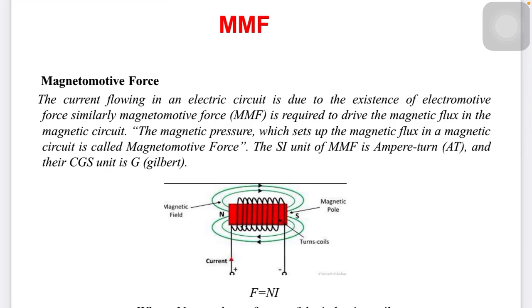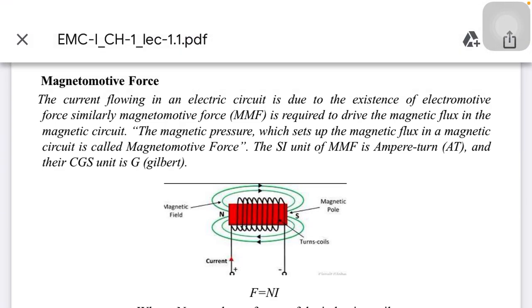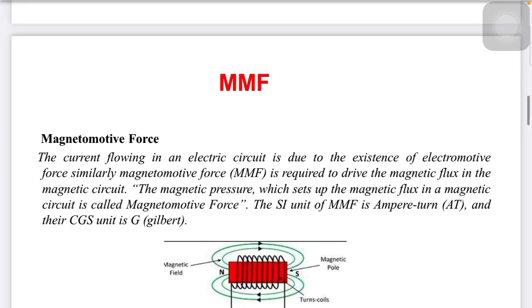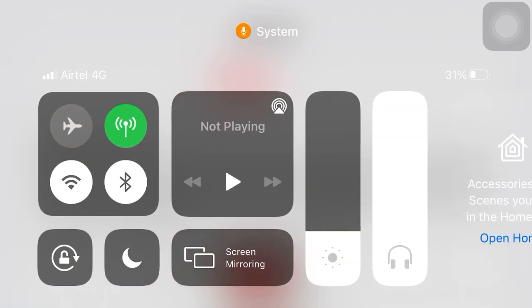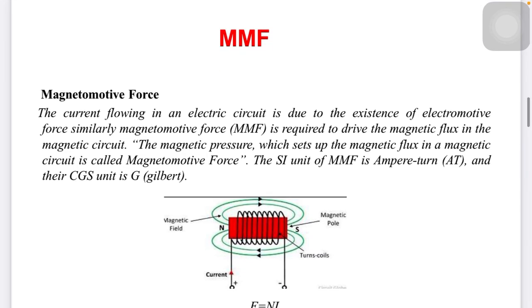First of all, we need to study about the machine. In this chapter, we need to learn about the transformer, second is the DC machine, which contains motor as well as generator, and some BH curve and magnetic material properties, right?